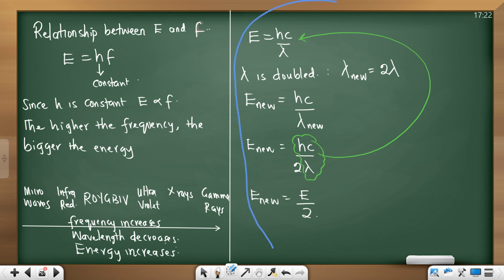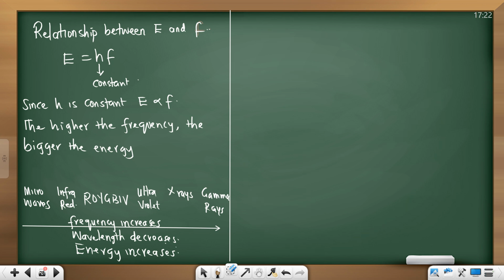All of these are in your note. We just need to remember. As frequency increases, energy increases. Okay, let's add this to that note since it's a summary.